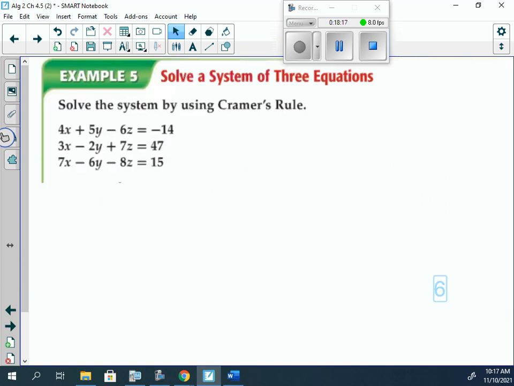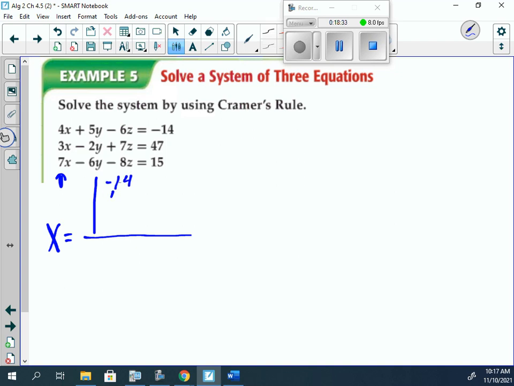So when we look at this here for x, on top, we're going to take the x values, which is the 4, 3, 7, and replace it with what it's equal to. So it'd be -14, 47, and 15.